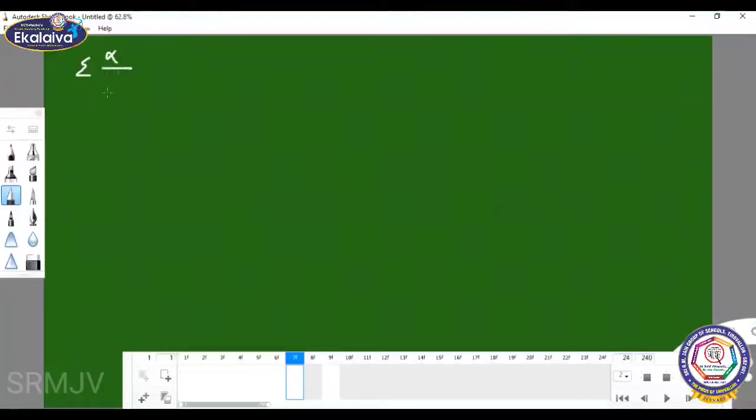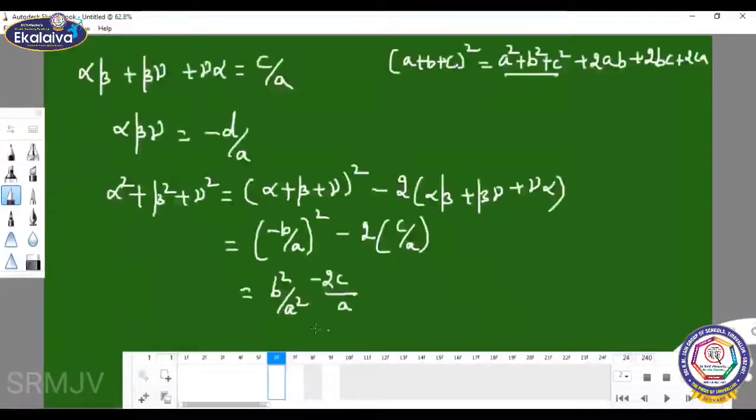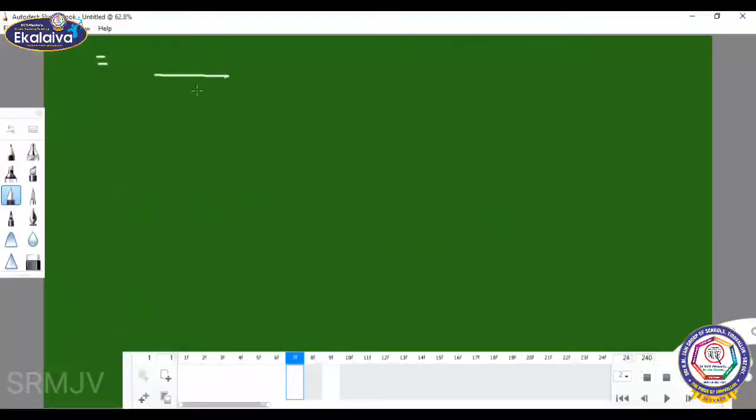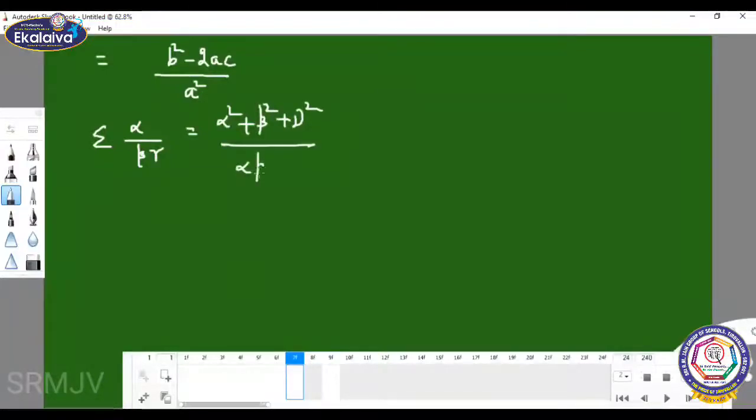Summation of alpha by beta gamma equal to alpha square plus beta square plus gamma square by alpha beta gamma.